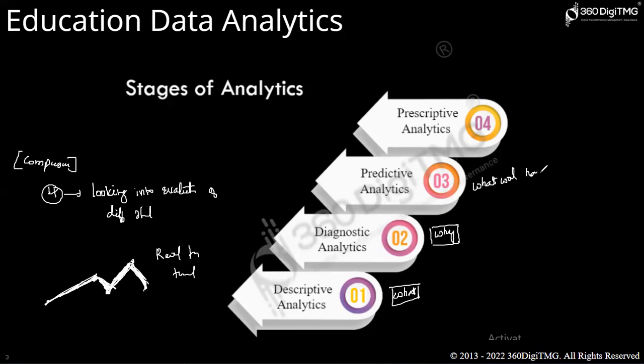We are trying to predict something. So this is called predictive analytics. Once we know what happened, once we know why it has happened, and we have predicted something, obviously, ultimately, we are going to prescribe something.